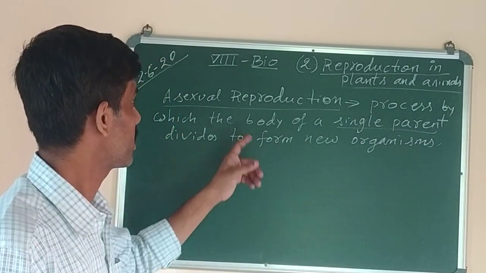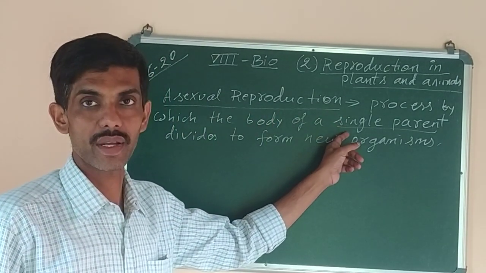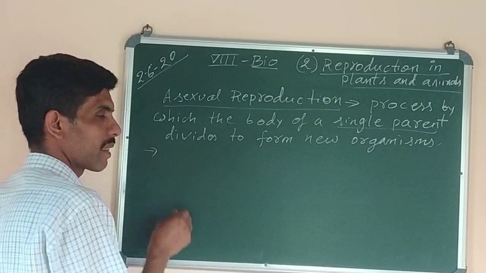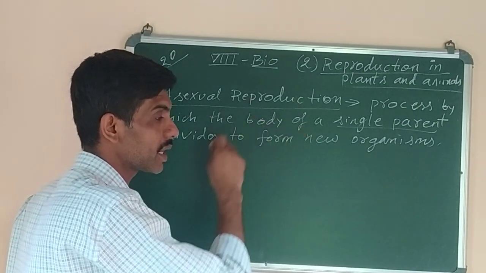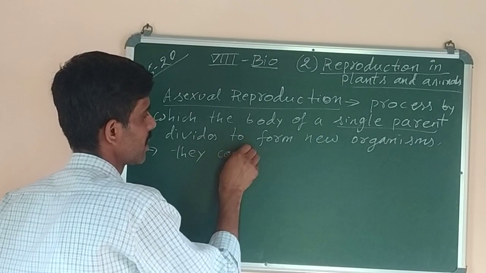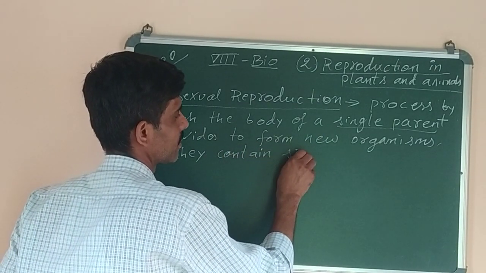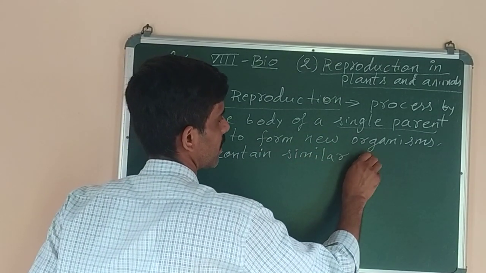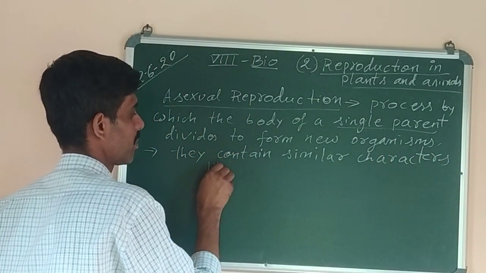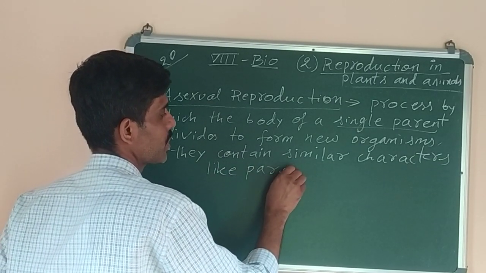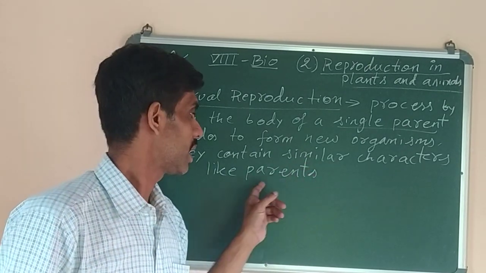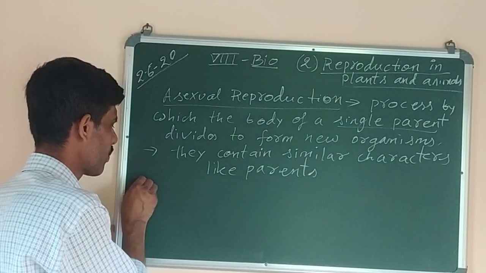Only one single parent is involved. So what is the point you mark in asexual reproduction? Only one parent is involved. Two parents are not required. And since the organisms are formed from the single parent, they show similar characters like parents, and there is no formation of gametes.